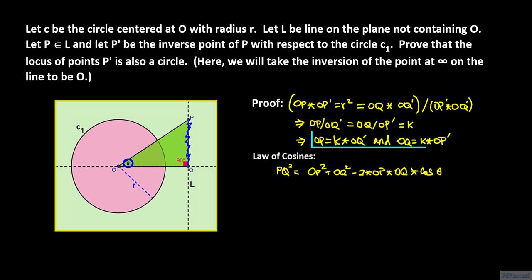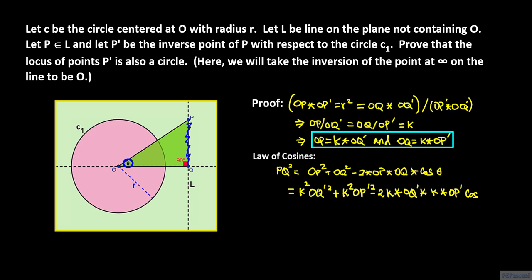We replace OP by K times OQ' and OQ by K times OP'. Consequently, the square of PQ is equal to K squared times the square of OQ' plus K squared times the square of OP' minus 2K times OQ' times K times OP' times cosine theta.